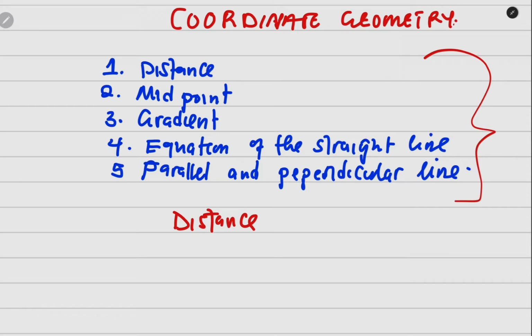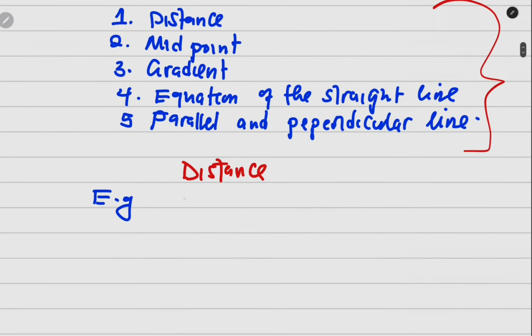So how do you find the distance between 2 points, or length? I'm going to give an example. If you are given 2 points, A with the coordinates 2, 5, and B, let me put 3, 4.